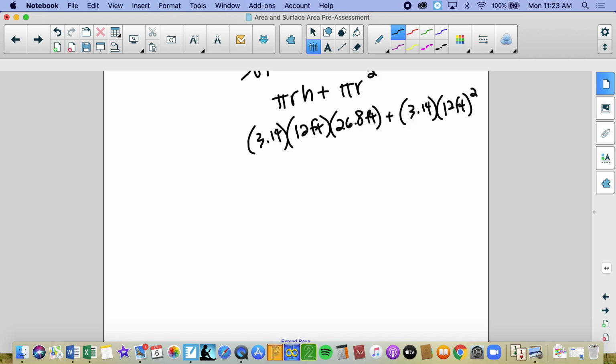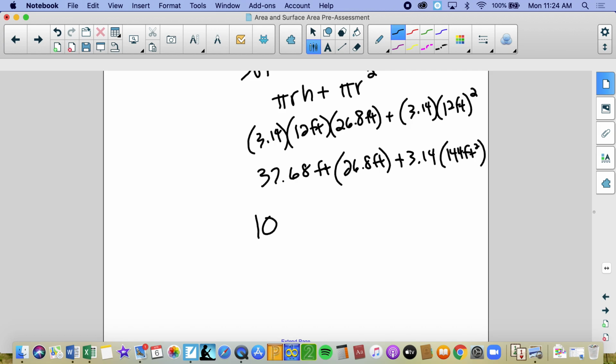So 3.14 times 12 feet gives me 37.68 feet. Not squared because it's just feet. Times 26.8 feet plus 3.14 times 12 feet squared. 12 feet squared is 144 feet squared. 37.68 feet times 26.8 feet gives me 1,009.824 feet squared.